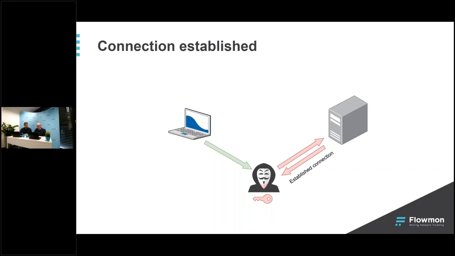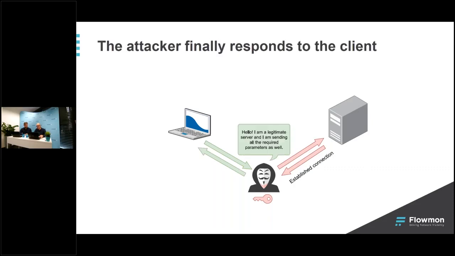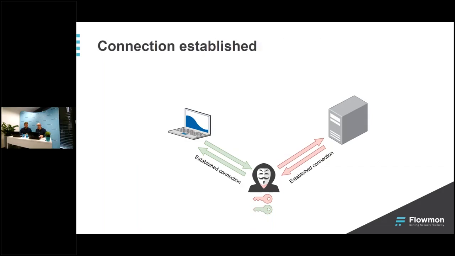All right. Now, when there is an established connection between the attacker and the legitimate server, the attacker finishes the negotiation with the client, but to the client he pretends that he's actually a server. He responds like a server and establishes a connection with the client as well.